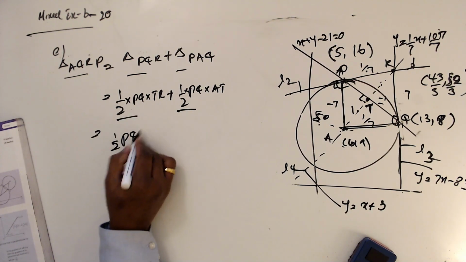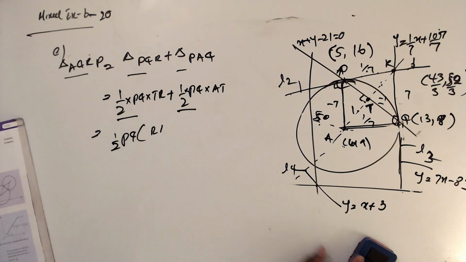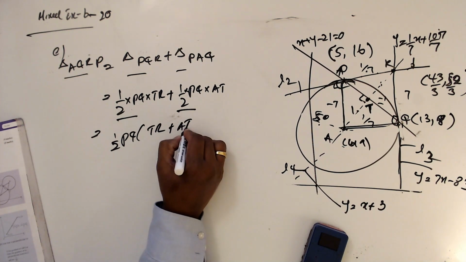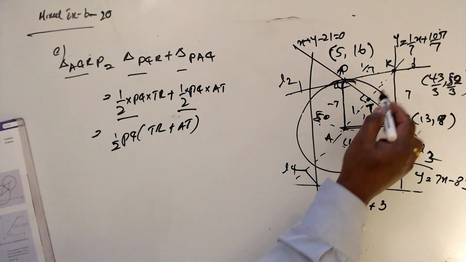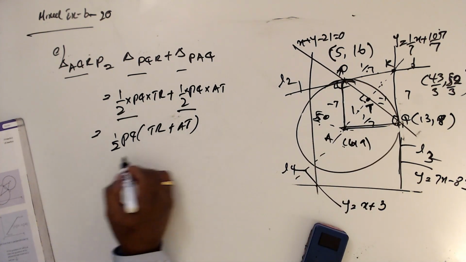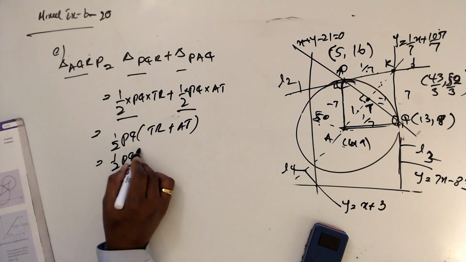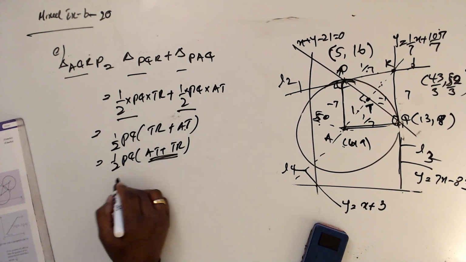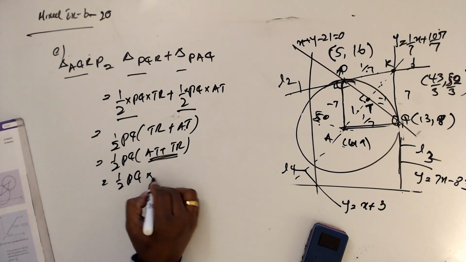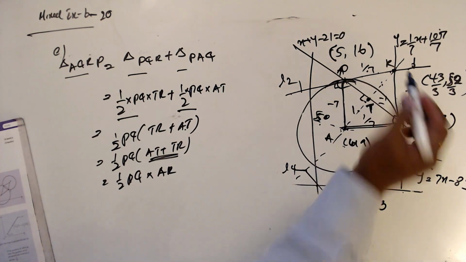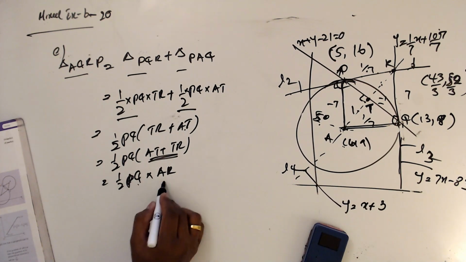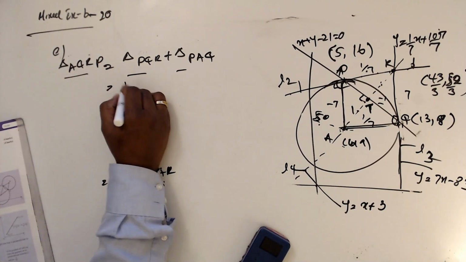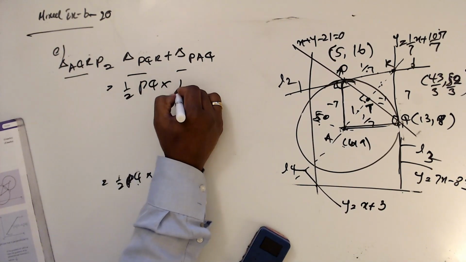When I take half of PQ, here remains TR, here remains AT. What is TR and AT? It means I will rearrange. AT I will write here, TR. This is AR. Half of PQ times AR. So I need to find the PQ distance and the AR distance now. So finally, this is half PQ times AR.